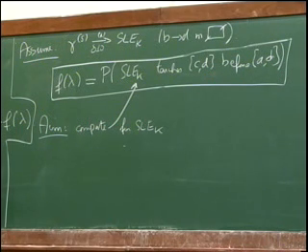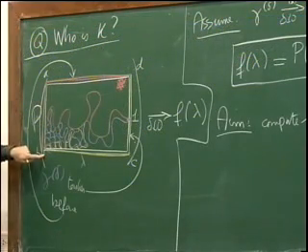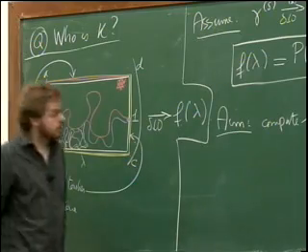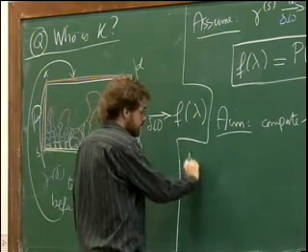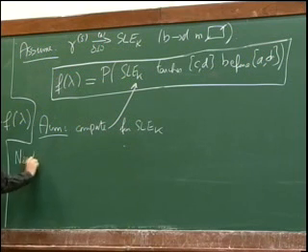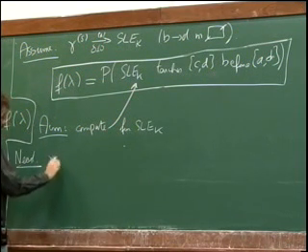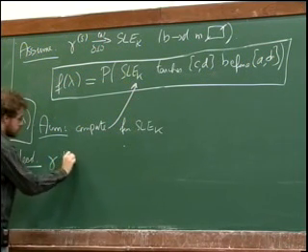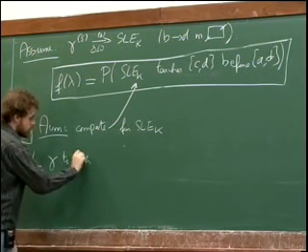So the first remark is that for this to make sense, you need the SLE curve to touch the boundary. So we first need gamma to touch the boundary of the domain.